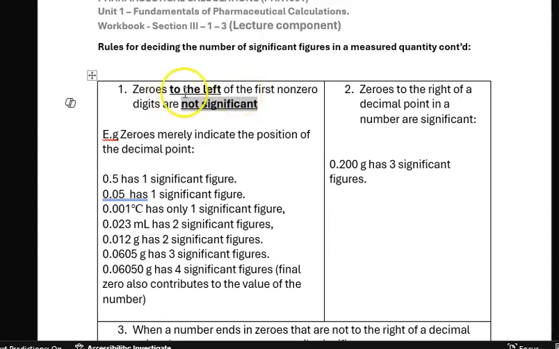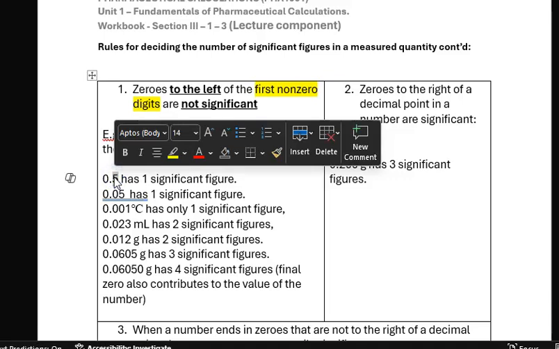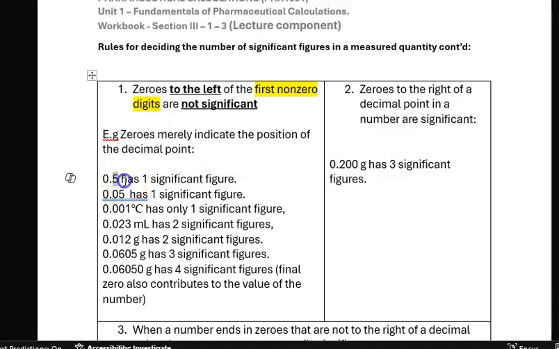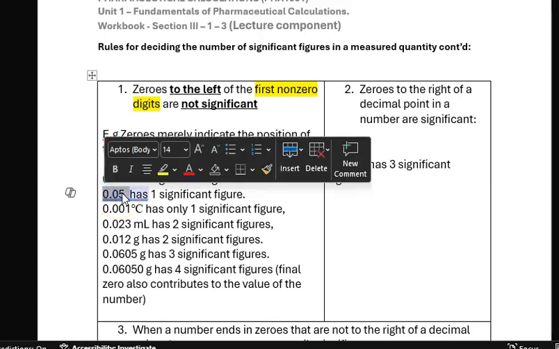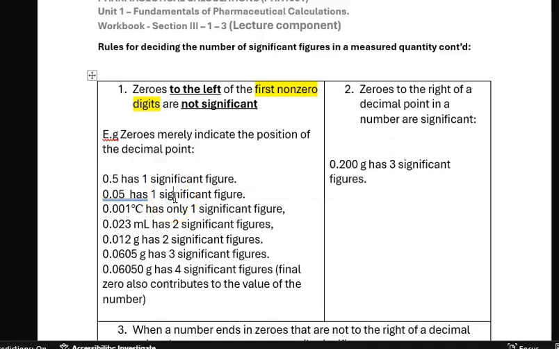The 0 to the left of the very first non-zero digit. So this is a non-zero digit, so the 0 to the left of it would not be significant. So this has one significant figure. In this case, there are 2 zeros to the left of the non-zero number. So therefore, you have one significant figure still.